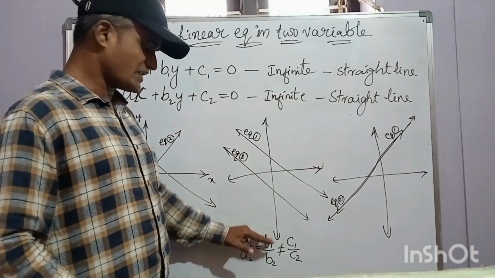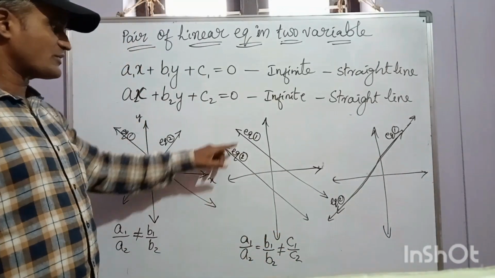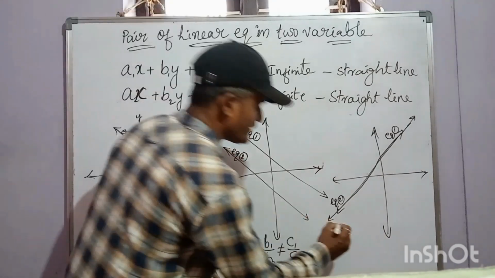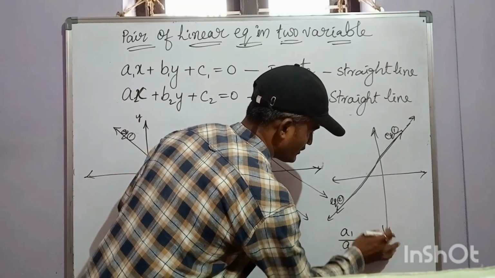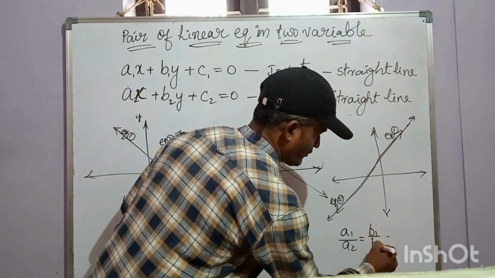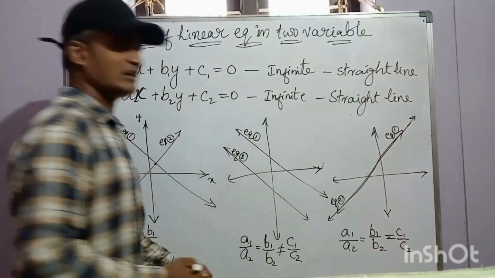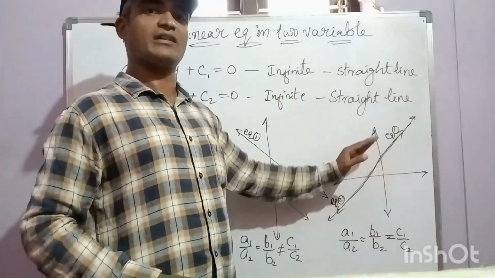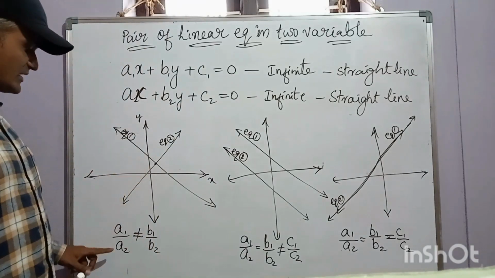When a1 by a2 is equal to b1 by b2 but not equal to c1 by c2, the lines are definitely parallel. And if all three are equal, a1 by a2 is equal to b1 by b2 and is equal to c1 by c2, then the lines are coincident and fall on one another. Here three types of lines are forming, three conditions.